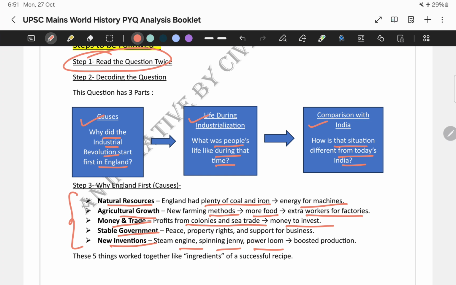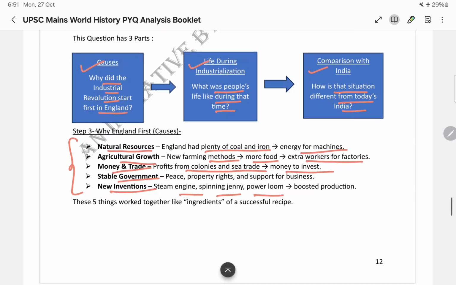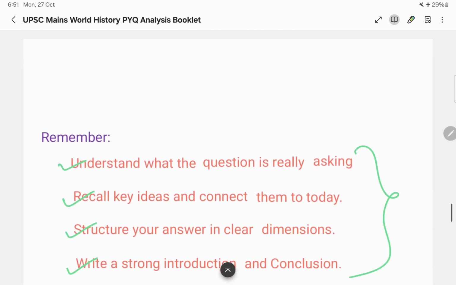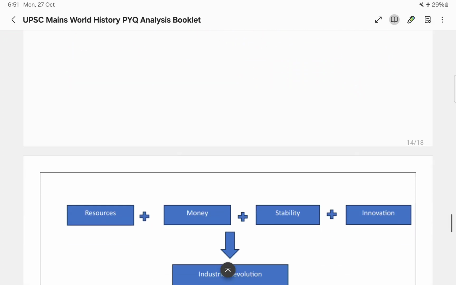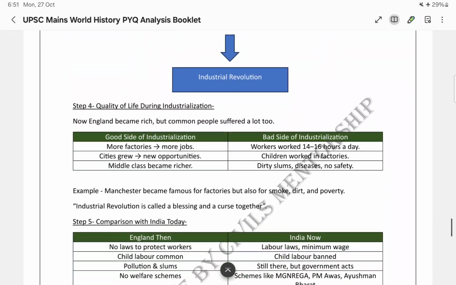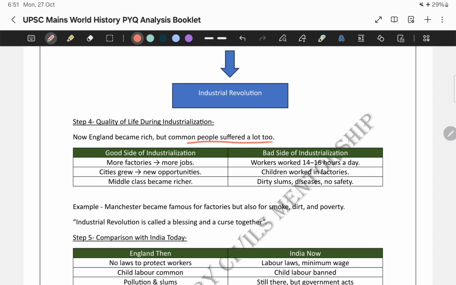Now let's move on to the next part of the question: what was the life of the people during that time over there? Here's the thing. England became rich, but common people suffered a lot too.